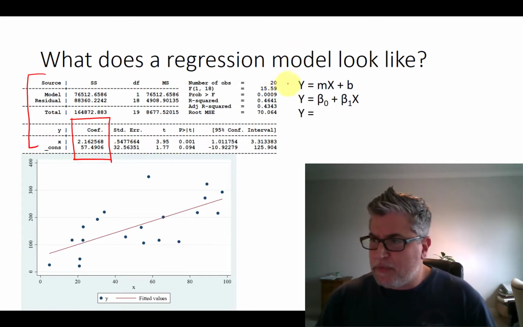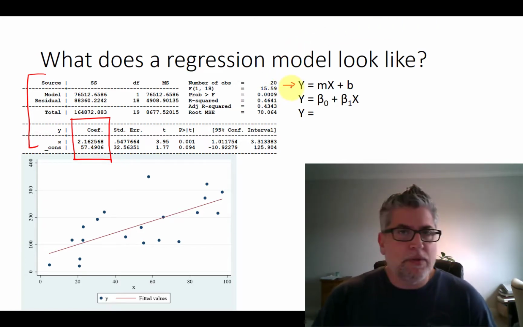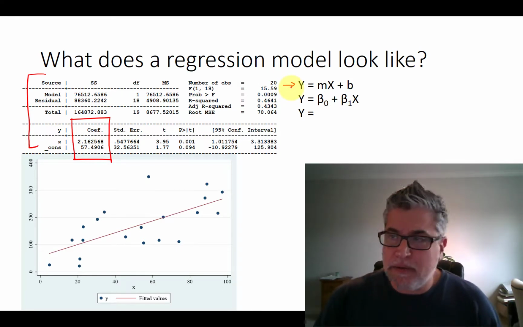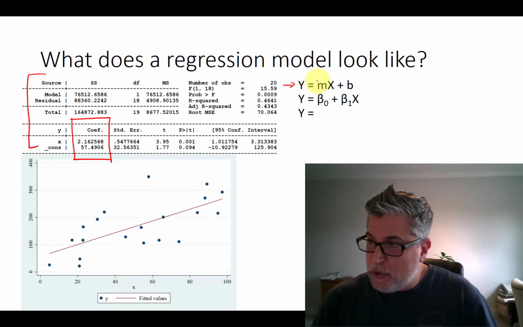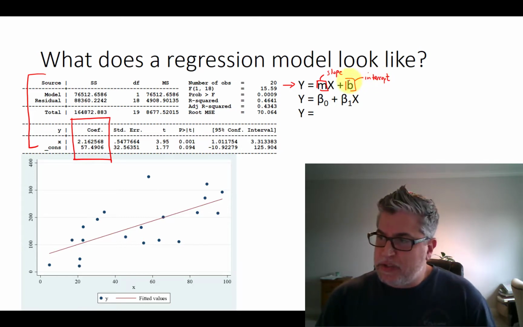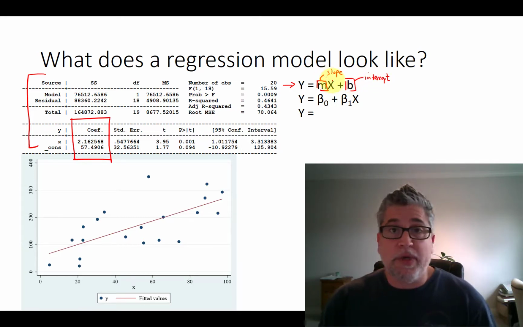Think about from high school. The equation of a line is y is equal to mx plus b. You have a slope there, that's m, and you have an intercept. That's it. So if you know the intercept and you know the slope, you know the equation of the line.